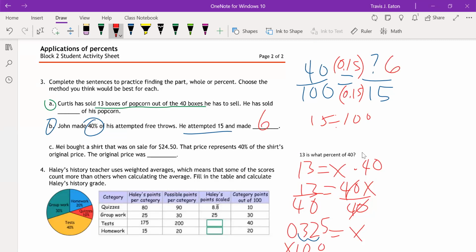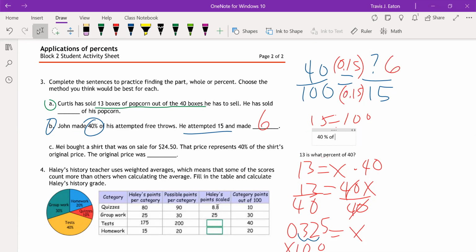Now, if we wanted to type this one as a question, we could. And it would look like this. Let's see. It would be 40% of what number is, wait a minute, sorry about that.